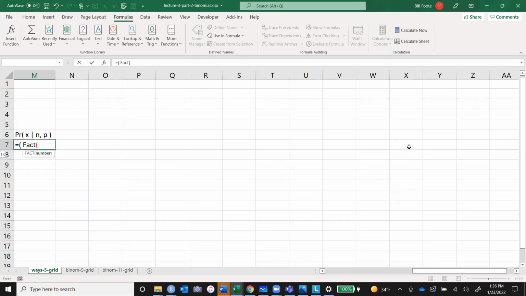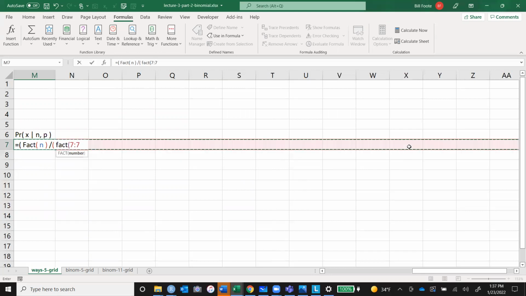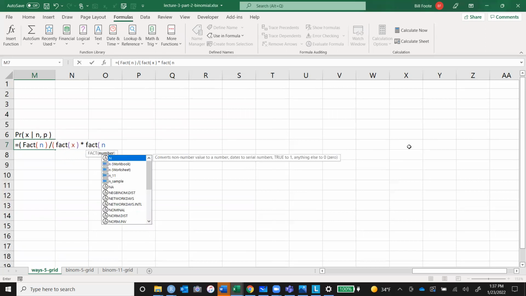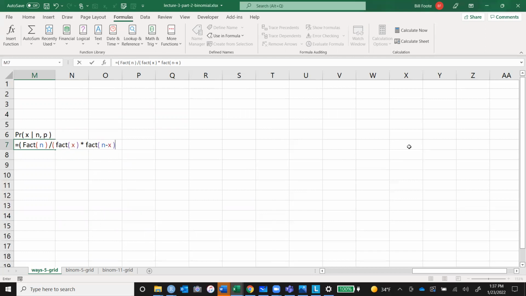And if we do that, this will be factorial N. That's a numerator, divided by open parentheses factorial X. Some reason or other that's happening. A lot of interesting things are happening on my computer. That's not a good thing to have interesting things happening on your computer. Factorial X times factorial N minus X. Again, nothing up our sleeves.